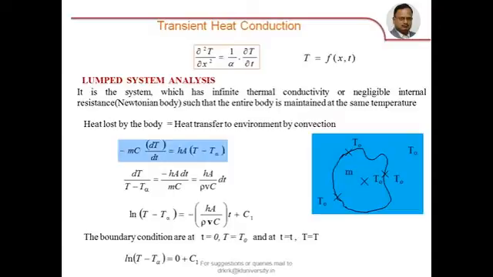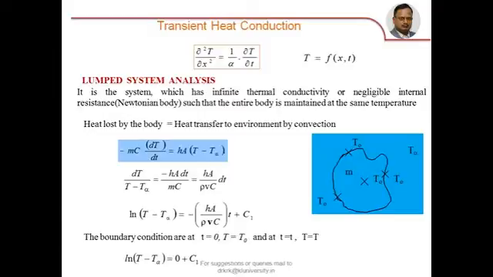But in practice, if you take a hot body and leave it in the atmosphere, the temperature of the body gradually reduces. So as time progresses, the temperature varies. That kind of variation of temperature with time is called unsteady state, also known as transient. So transient means time dependent.